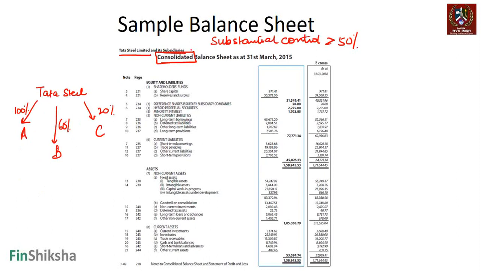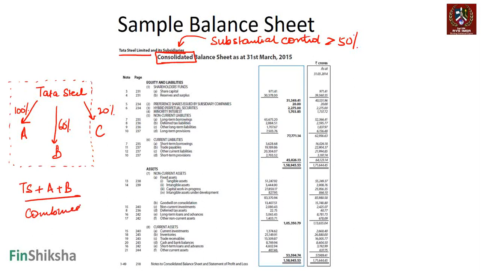So these are called subsidiaries, right? So that's my subsidiary set. If I was to create the subsidiary set, Tata Steel has substantial control in A and B. It may have reasonable control in C, but it does not have substantial control in C. So when you combine the financial statements of Tata Steel plus A plus B, the combined statements are known as consolidated balance sheets or consolidated statements, right?